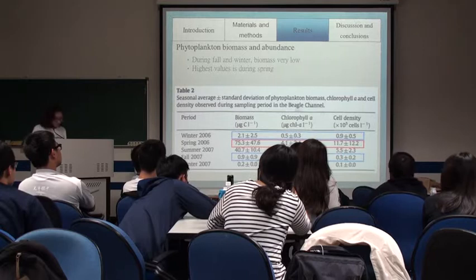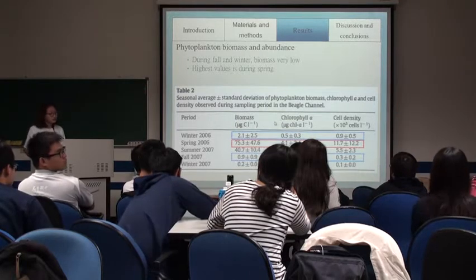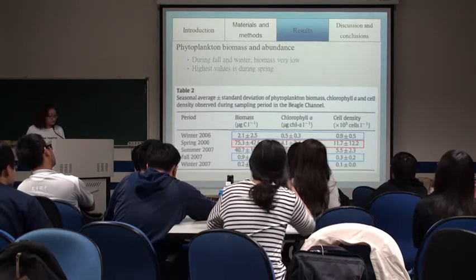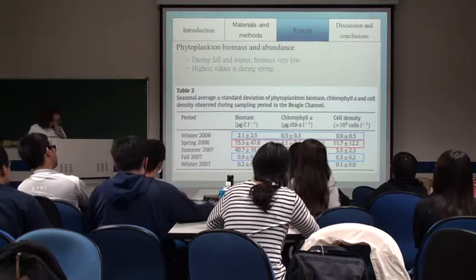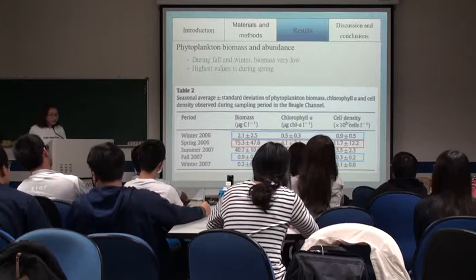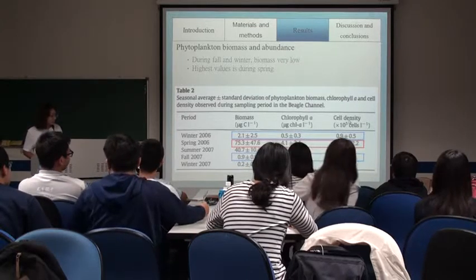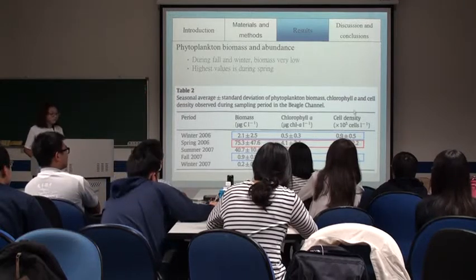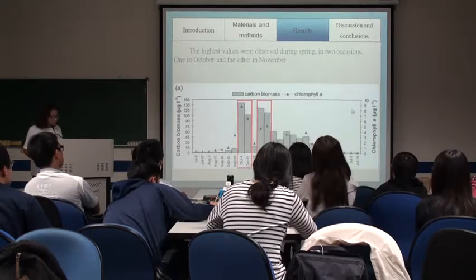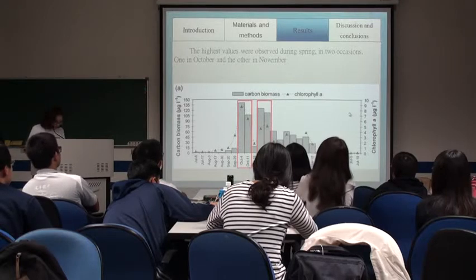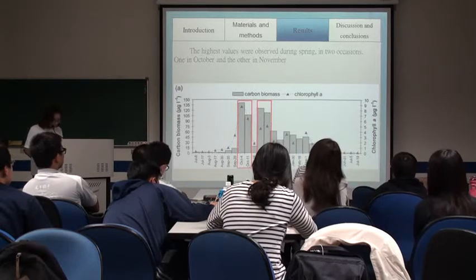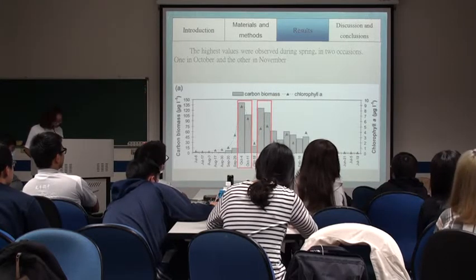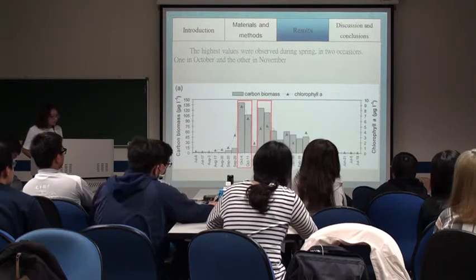And in this picture, we can see that in the spring the biomass, chlorophyll a and cell density are higher than in other seasons. The highest values were observed during spring on two occasions, one in October and another in November.